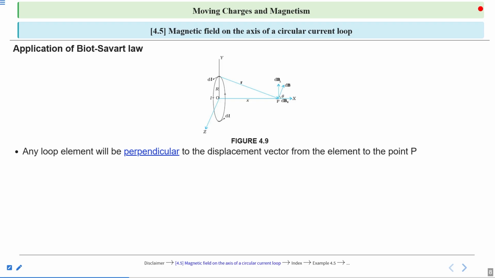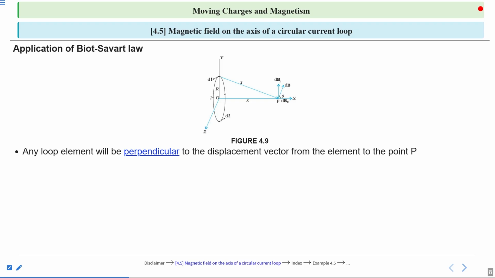Okay, so any loop element will be perpendicular. If we take any small element on the loop, it will be perpendicular to the displacement vector, because in each case the displacement vector will be in the XY plane and in each case the dl vector will be in the YZ plane, because the loop lies in the YZ plane.